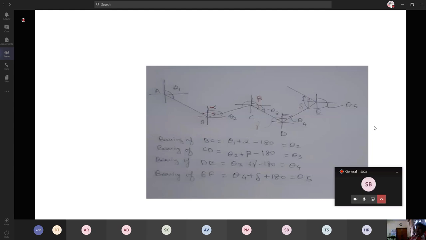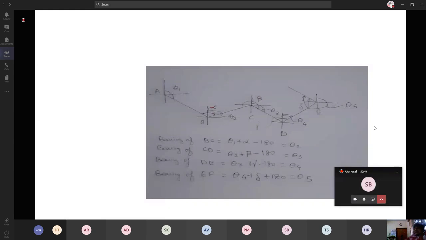So the condition is, you are having a forebearing of a line and the included angle measured in clockwise direction. I am not measuring the angle over here; this exterior angle only I am measuring. Angles are measured with reference to the previous line in a clockwise direction.